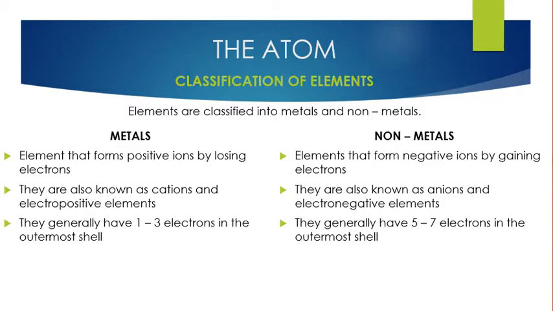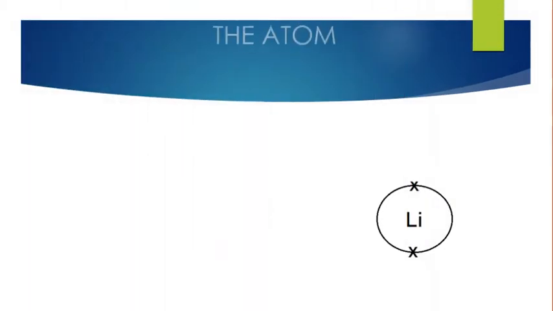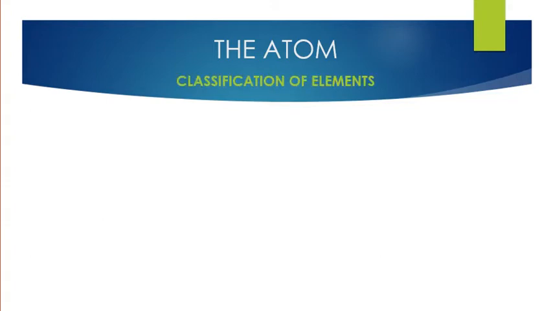So now we said we'll look at examples, right? Yes. So now let's look at these examples. The first example will involve metals. We'll look at the metal lithium. If you can remember, I said lithium is the third element on the periodic table, right?